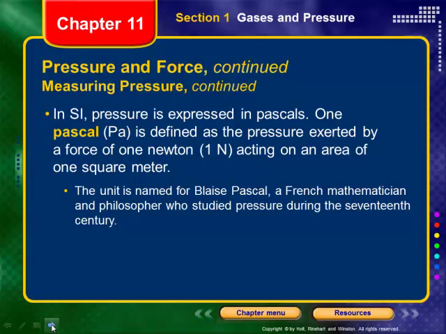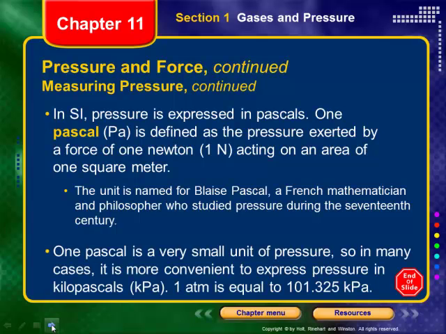And this, by the way, was named after Blaise Pascal, who was a mathematician. But because the pascal is so small, we often use kilopascals as a unit of measure. And in this case, 1 atmosphere is equal to 101.325 kilopascals.